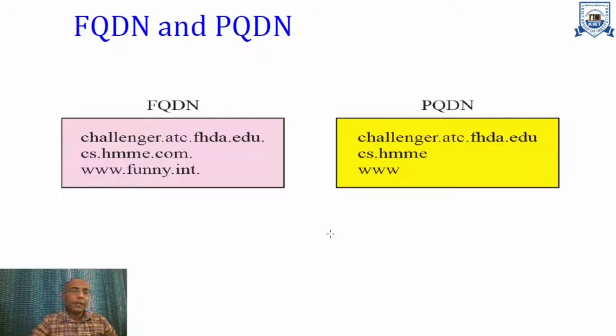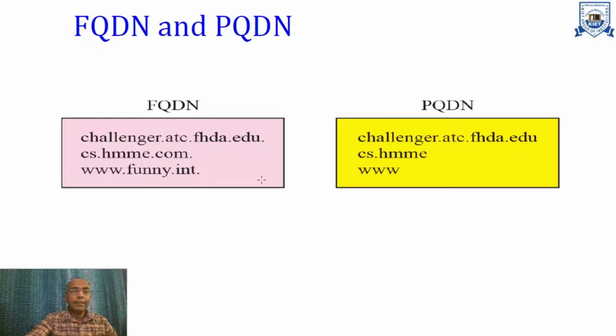Now, there are two types of domain names. One is FQDN and the other one is PQDN. What is FQDN? Fully qualified domain name, whereas PQDN is partially qualified domain name. If in the tree we know the exact position of the domain name, that is, we are resolving till the root, that is a fully qualified domain name.